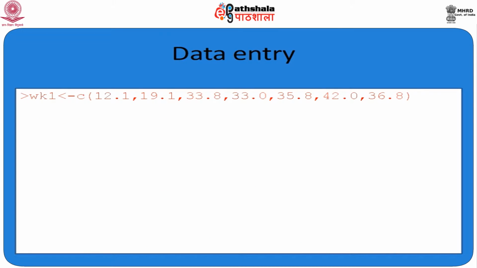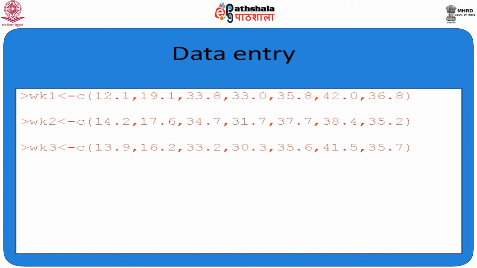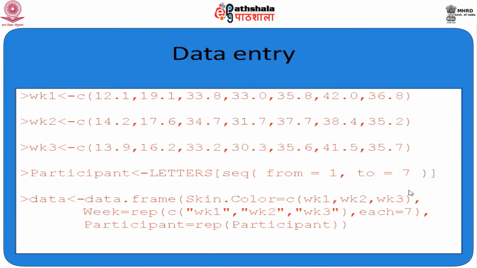So, data can be entered in this manner. The data was in tabular form, so I create 3 variables, week 1, week 2 and week 3, and a participant variable. The participant variable can be created by taking the letters sequence from 1 to 7, which will automatically create the letter sequence A to G. Then I form a data frame using the function data.frame with the skin color, week and participant.